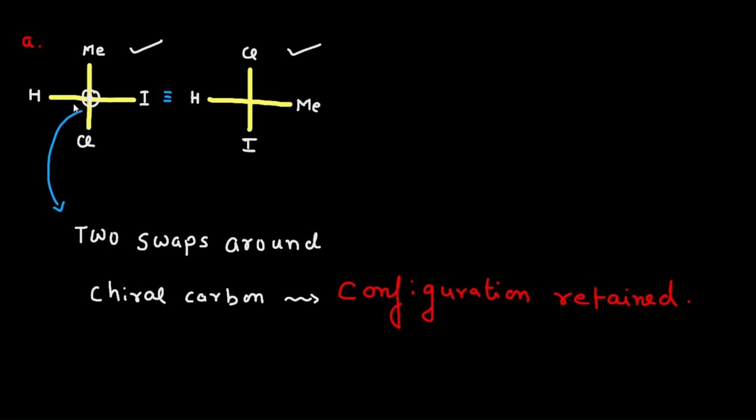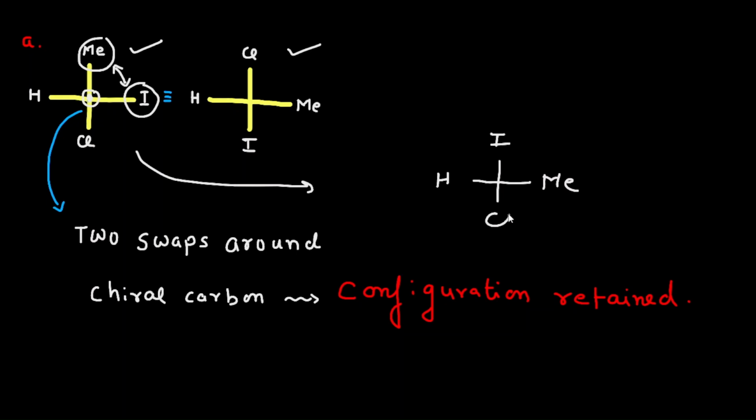First, you swap this methyl group and iodine group. So there is a swapping 1 time. Once you do this, you will obtain this result. Hydrogen, iodine will come here, methyl will come here, and chlorine will come here.